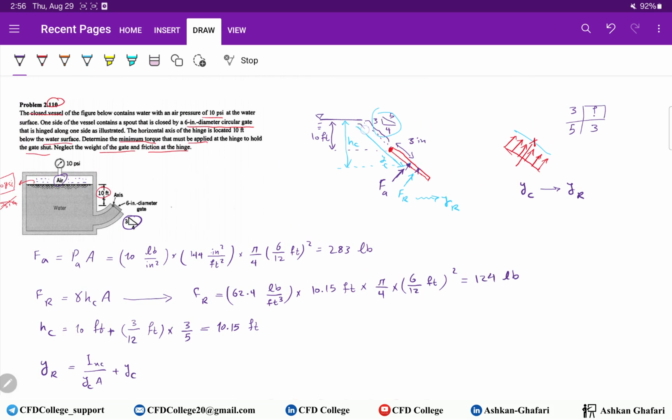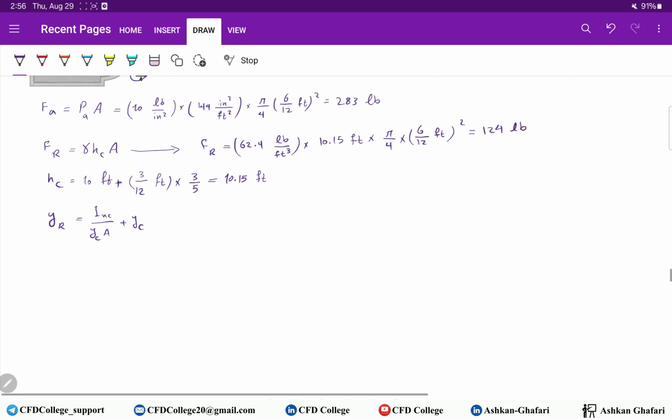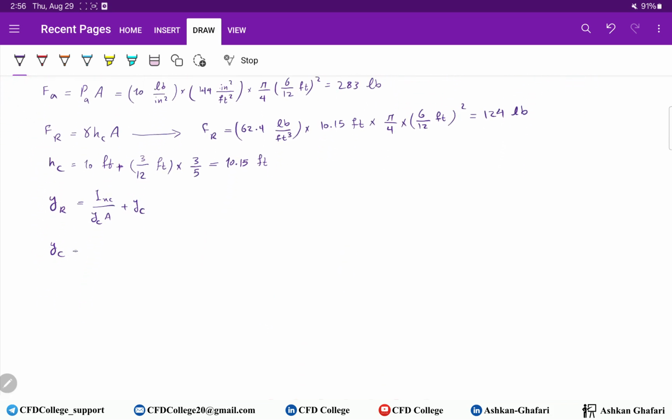YC is this amount plus 3. So YC equals 10 feet times 5 over 3.